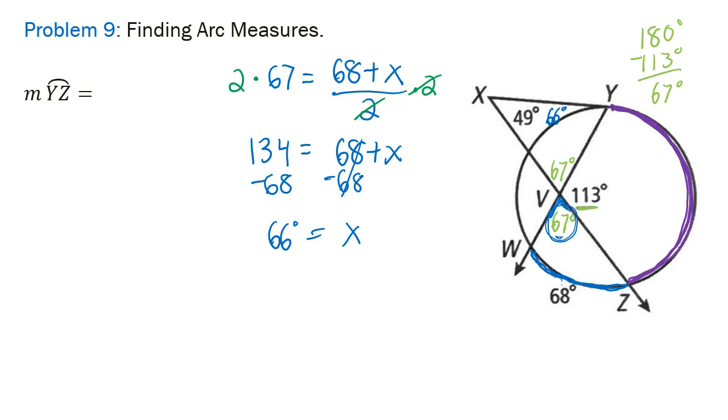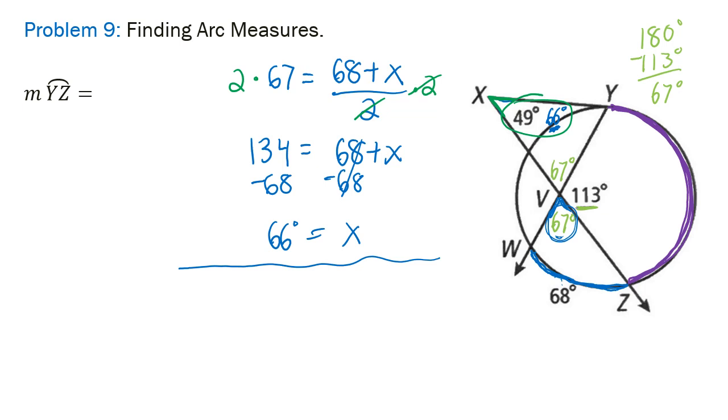Now that I know that arc here is 66 degrees, plus this angle being 49 degrees, I can use that information to help figure out arc YZ.